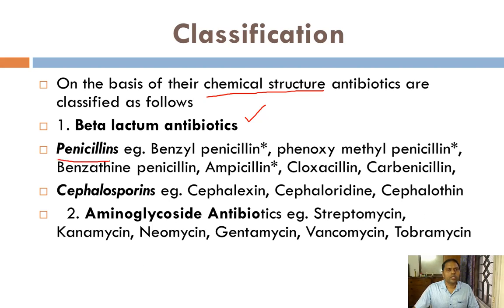In beta-lactams, we are going to come across penicillins and cephalosporins. Penicillin examples: benzyl penicillin, phenoxymethyl penicillin, benzathine penicillin, ampicillin. The ones with the asterisk mark are the ones we have to study with the structure.